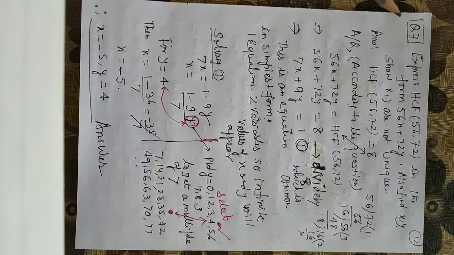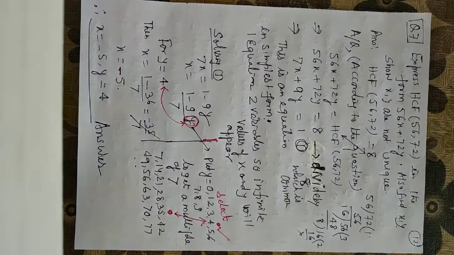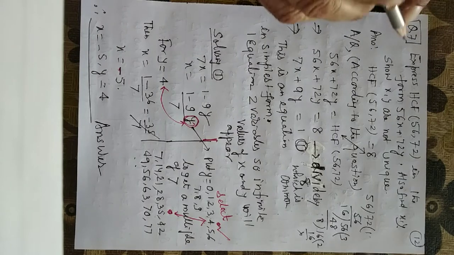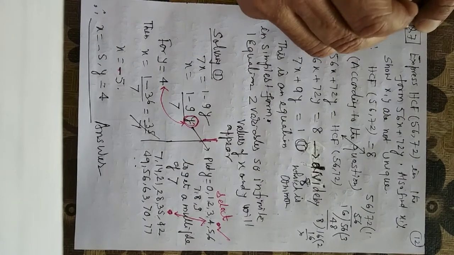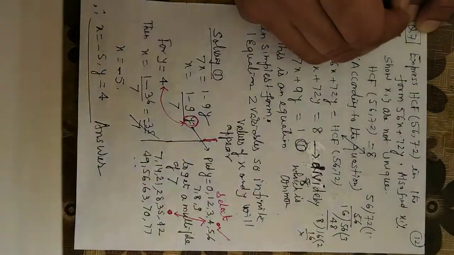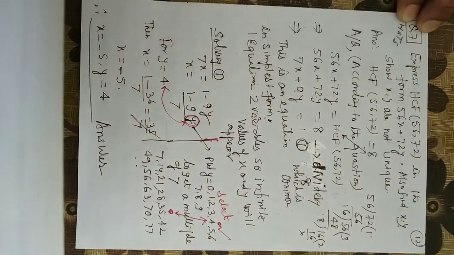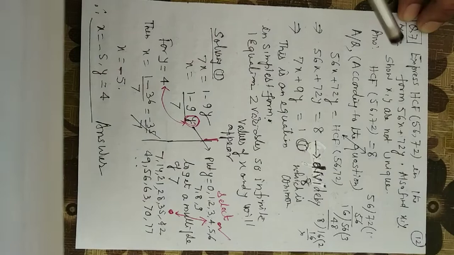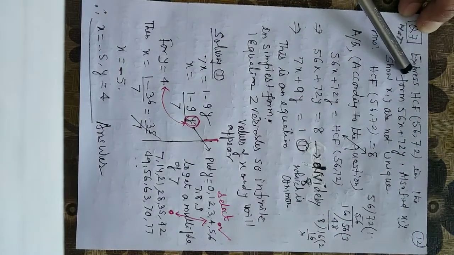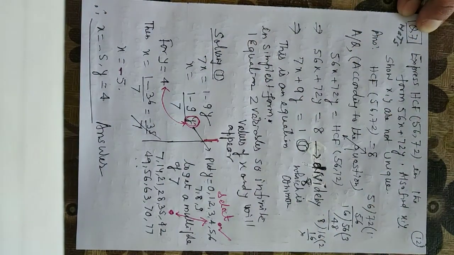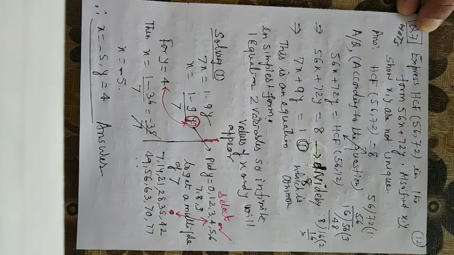Now, question number 7. This is a high order thinking problem. Note that HOTS means high order thinking skill problem. So the HCF of these two numbers is to be expressed in the form 56x plus 72y.